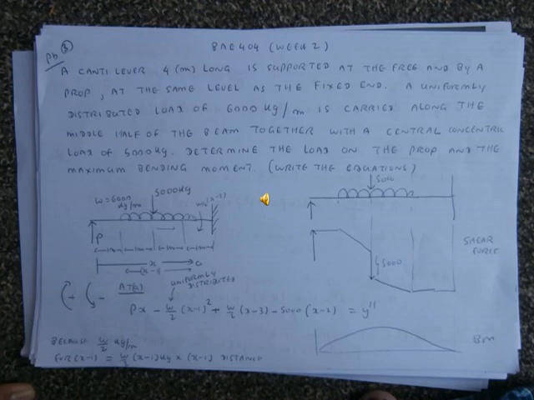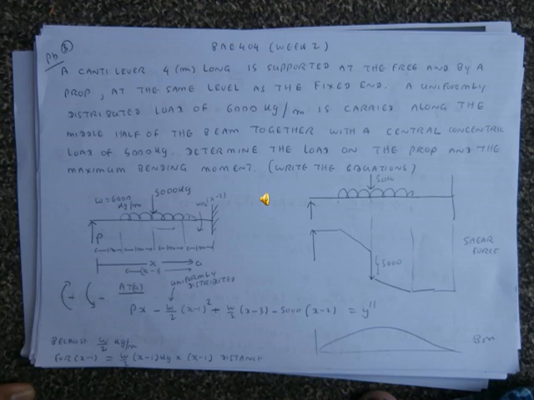For the uniformly distributed load it is the weight divided by 2, so the H minus 1 square, and for the other part W by 2 multiplied by H minus 3, and minus 5,000 H minus 2. This is equal to EI Y double dash. So this is the equation.